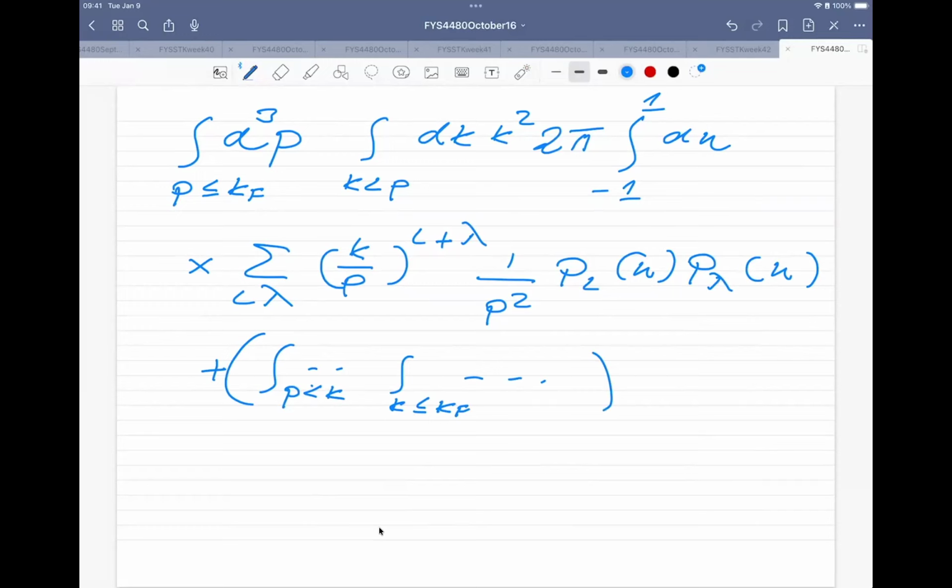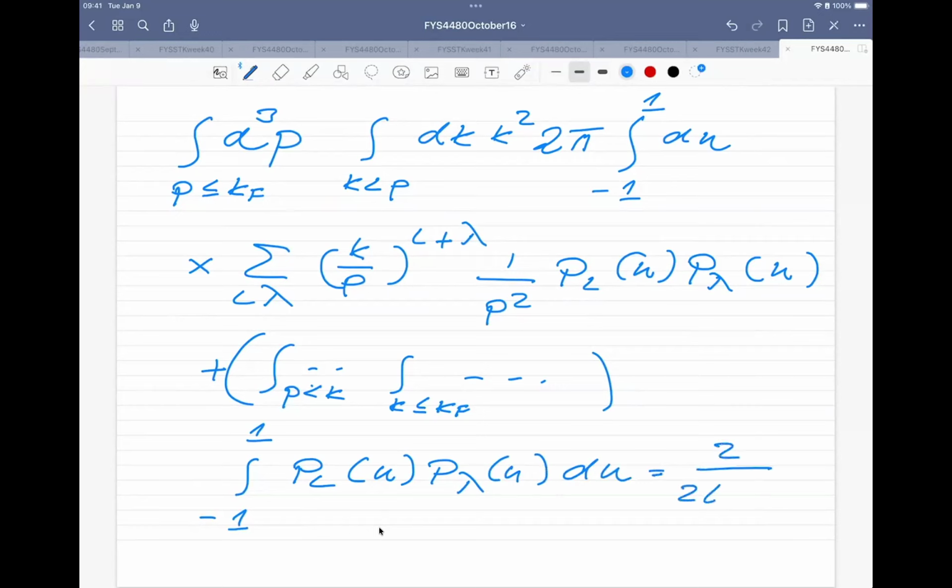Now there's a very important property here. Legendre polynomials, and I love Legendre polynomials. I don't know how many times I have used them, countless number of times. They have an orthogonality property, which simply says that we have a 2 over 2L plus 1, and then delta L lambda.